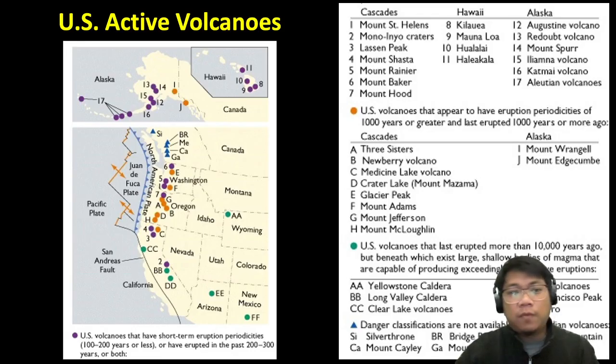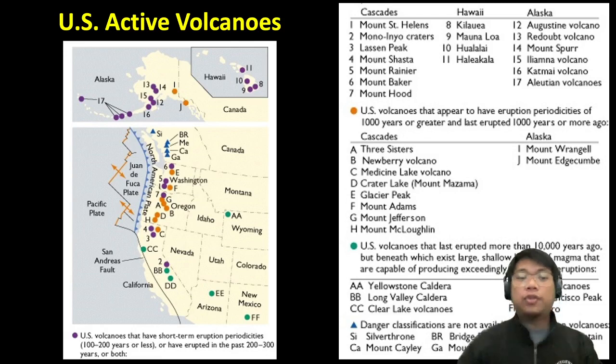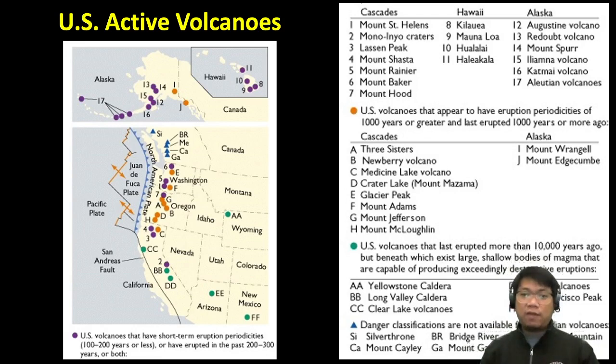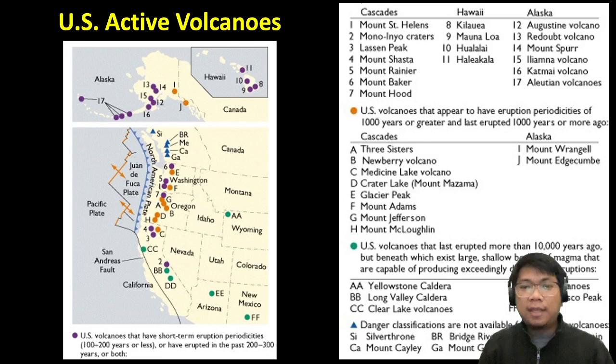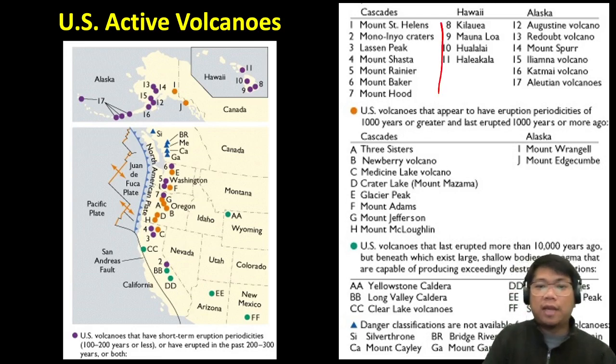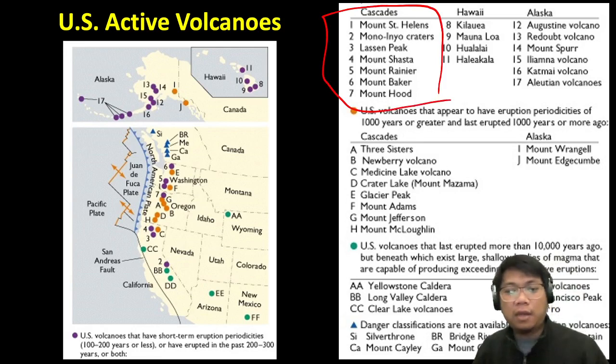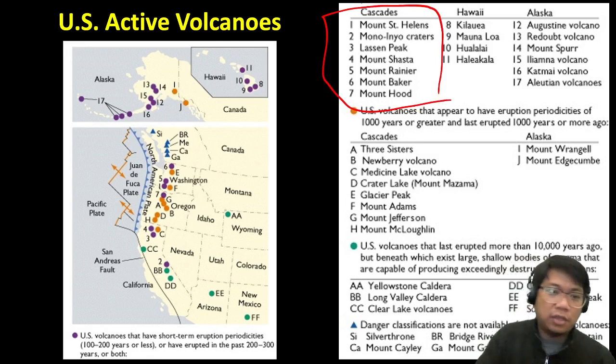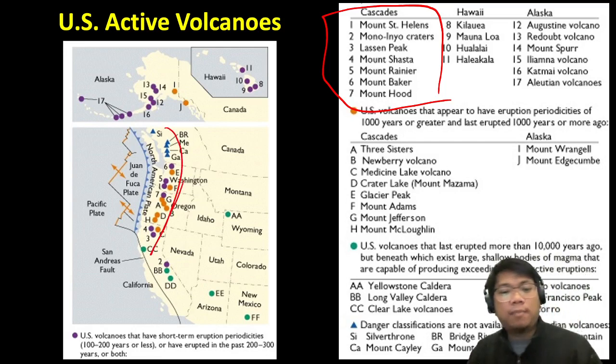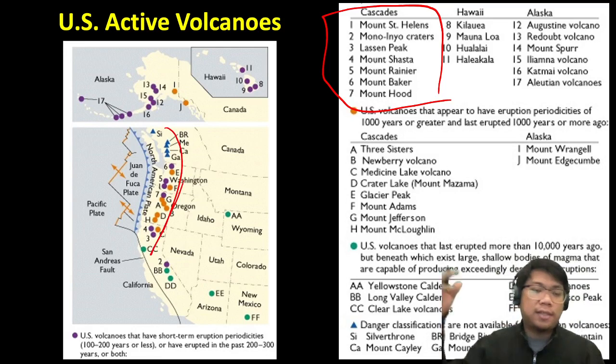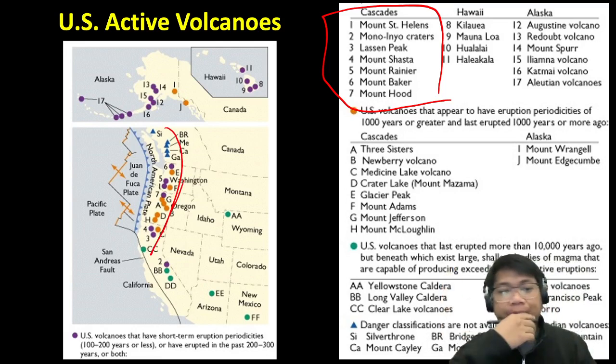Again, as I mentioned before, the United States also has some active volcanoes. For example, in the Cascade Range on the western side of the United States, we have a series of volcanoes, which is located right here, in the northwestern part of the United States as well as the southwest of Canada.